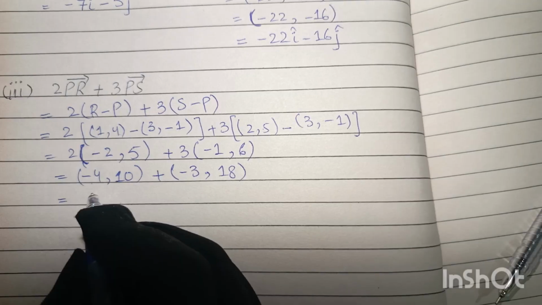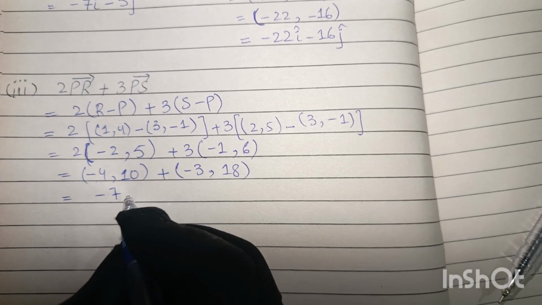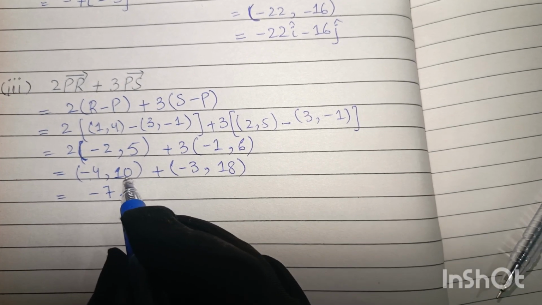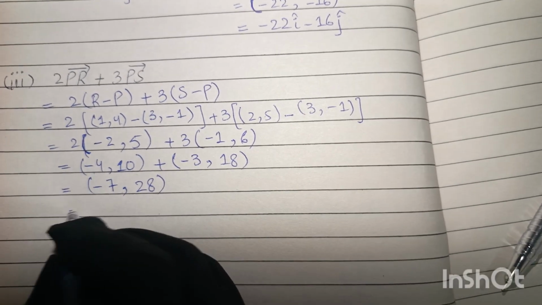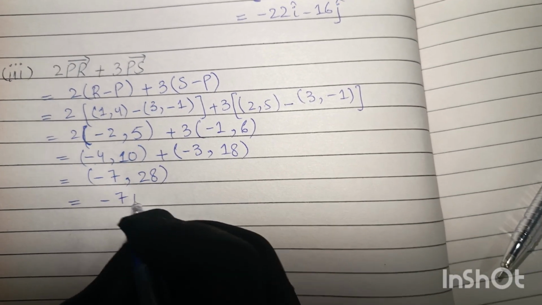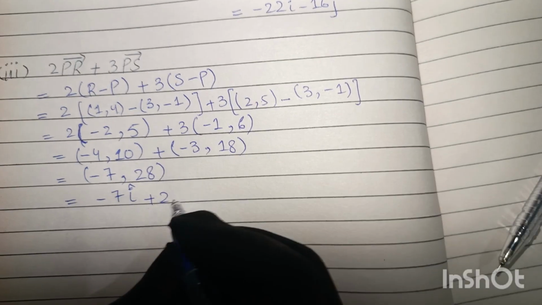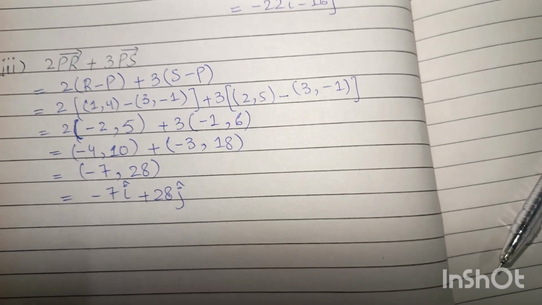Then -4 minus 3 is -7, and 10 plus 18 is 28. So in component form it will be written as -7i + 28j.